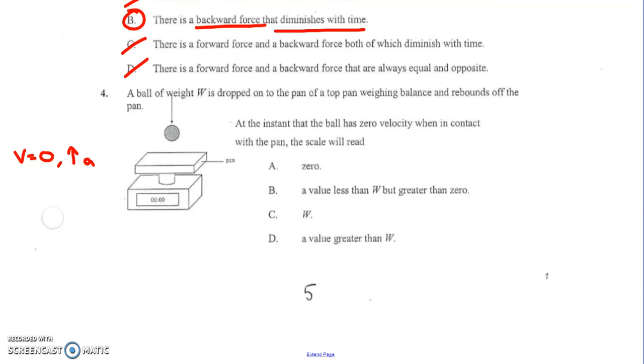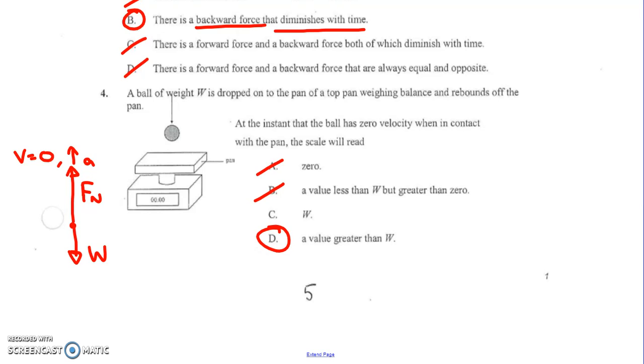So there's this upward acceleration, meaning that the upward force has got to be greater. So I'm going to call that the normal force because that's what it is. It's got to be greater than the weight of the ball in order for it to accelerate up. So the scale will read a greater value than W.